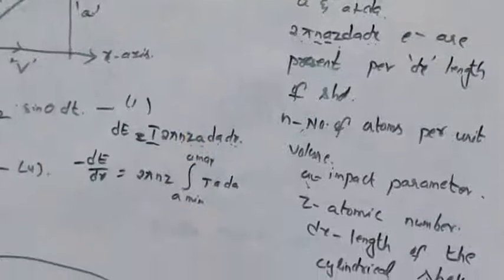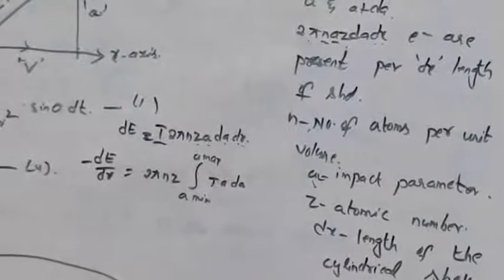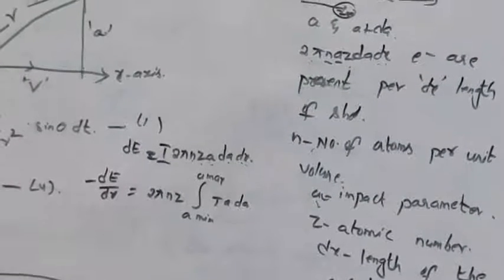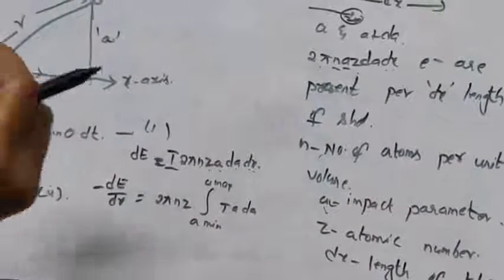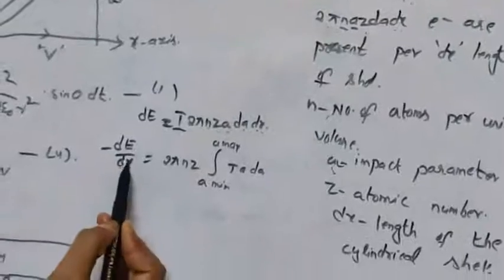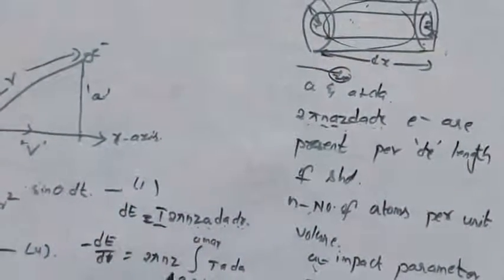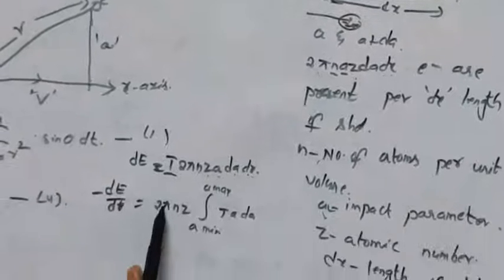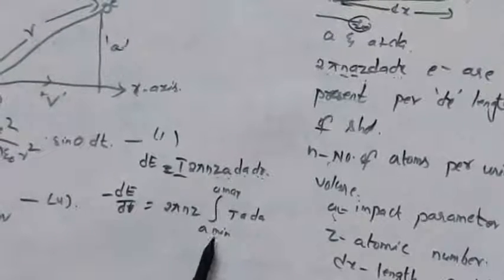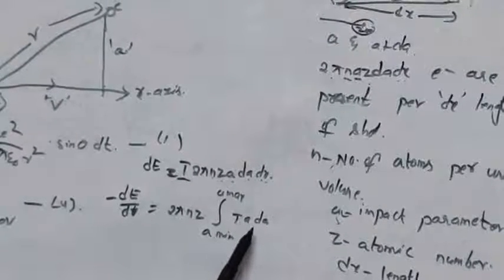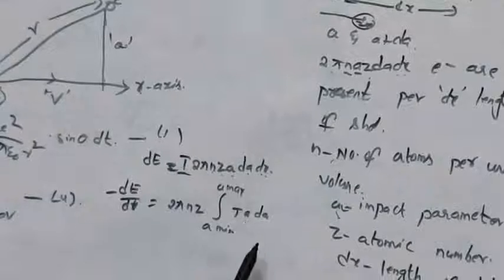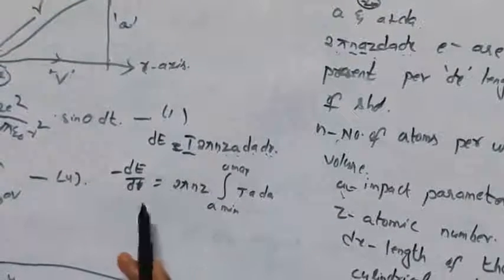This equation represents the loss of energy per unit path length. That means per unit path length of the total length, how much energy is lost is represented by this equation, and you know each and every parameter.